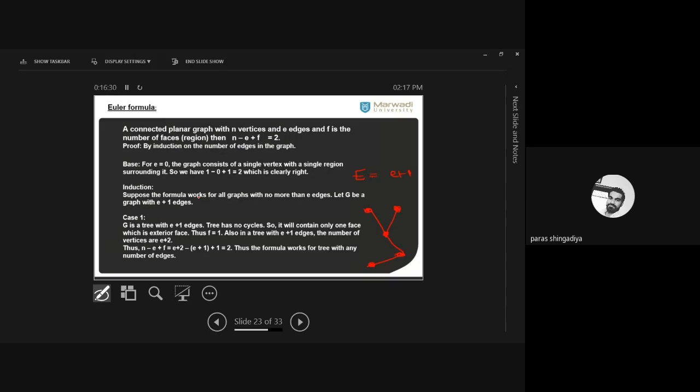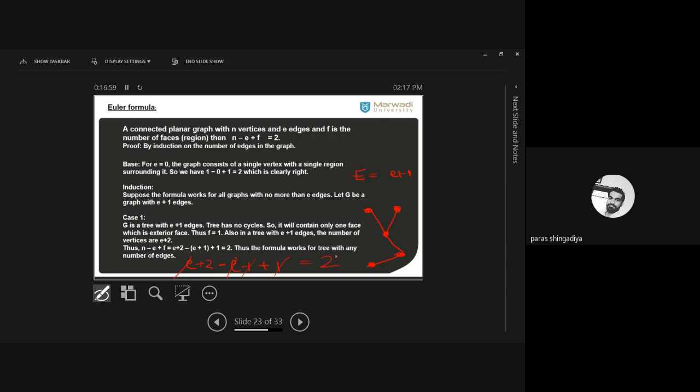Clear? So now remove the bracket, and after simplifying, can we get 2 or not? Okay. Just remove the bracket. Apply the negative to the inside. So it will be e plus 2 minus e minus 1 plus 1. Okay, so e and minus e will be removed. Clear? Minus 1 plus 1 will be removed and the remaining answer is only 2. Okay, so here we proved that this result is correct for e plus 1 edges.